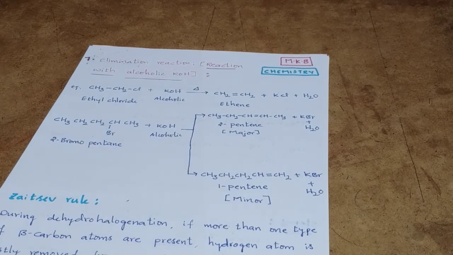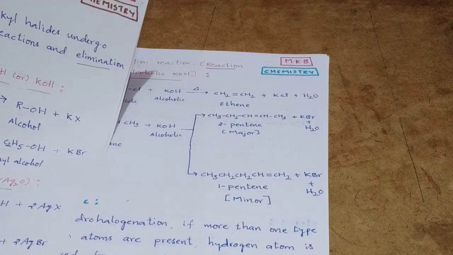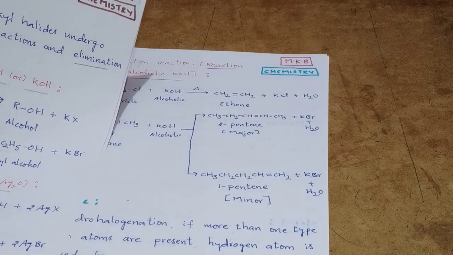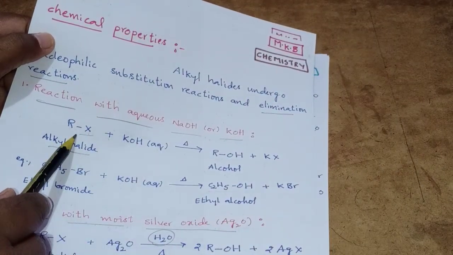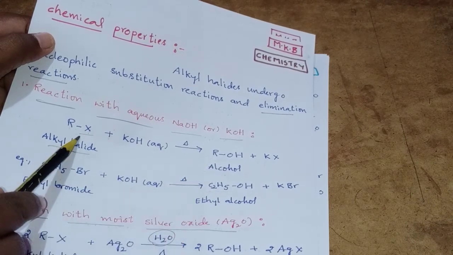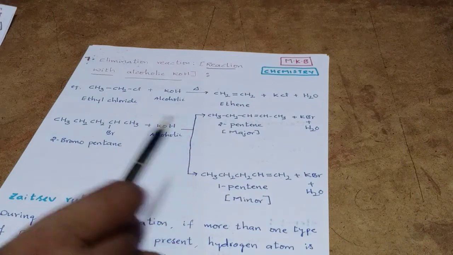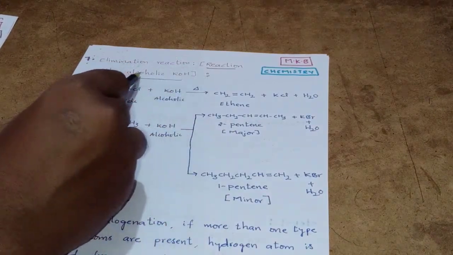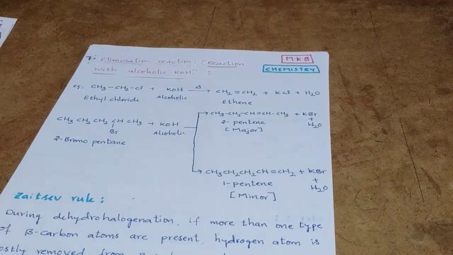See, in the first reaction we observed reaction with aqueous base. With aqueous base, the alkyl halide gives alcohol, which means it undergoes nucleophilic substitution reactions, whereas with the alcoholic base it undergoes elimination reaction.